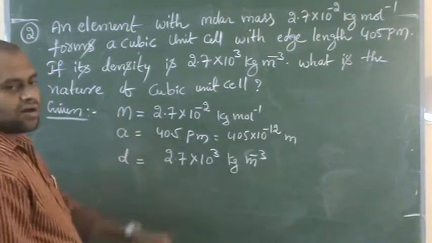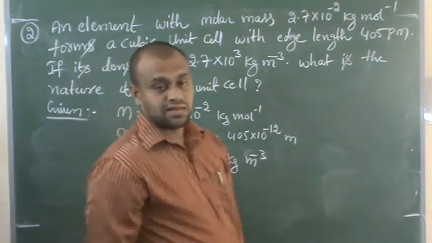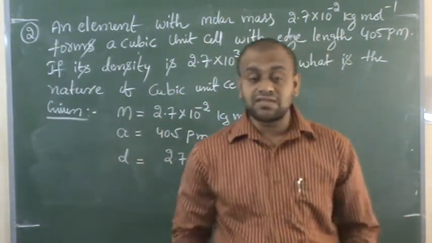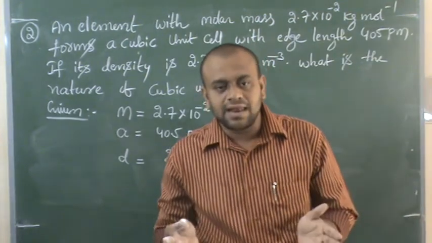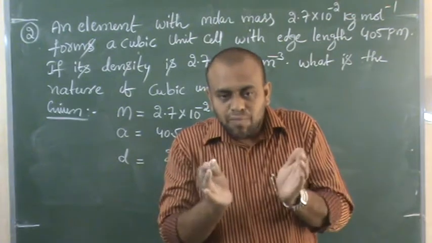We have to find out the nature of the unit cell. That means whether the unit cell is face centered, body centered, or primitive. So we have to find out the number of particles. If the number of particles is 1, the unit cell is primitive. If the number of particles is 2, it is body centered.